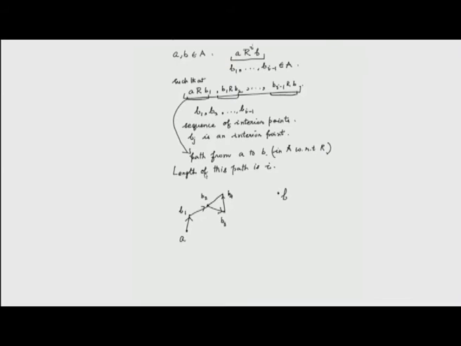So, from B 4 we may go back again to B 2, but then this B 2 is also B 5, and from B 5 we will go to B 6 and similarly we will proceed till we get to B from B I minus 1, and the number of links that we have used is essentially the length of the path.